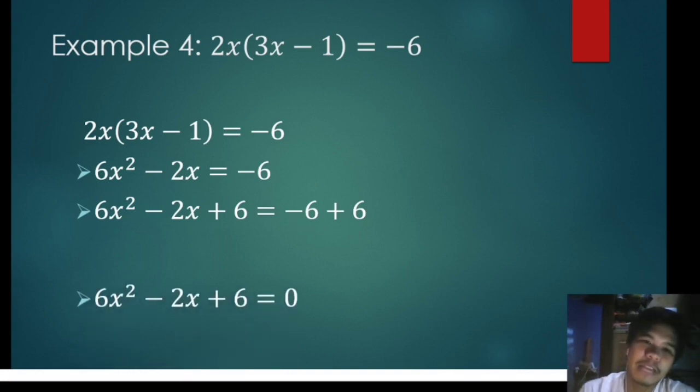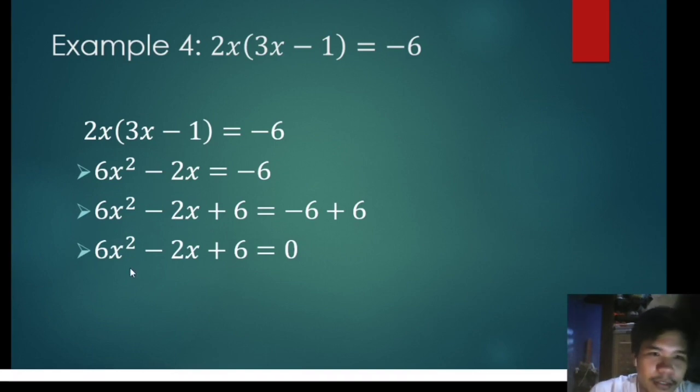So you just copy the left side. We have 6x squared minus 2x plus 6 equal to 0. Since this equation is now written in standard form, we can now identify the terms. So 6x squared is the quadratic term. Negative 2x is the linear term. Positive 6 is the constant term. After that, we obtain the values of a, b, and c.